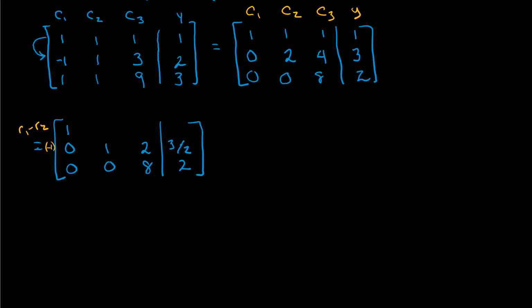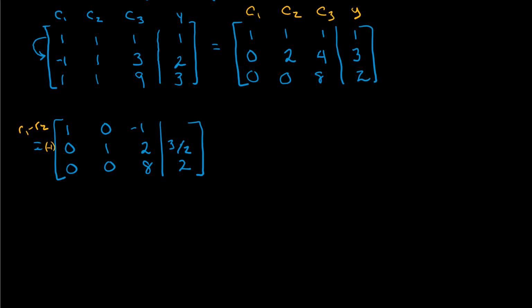Now I'm going to have a -1 times 1 in the second row, which is going to give me a -1 plus this one here is going to be 0. Lastly, I'm going to take the -1 times the 2, which will be a -2. I'm going to add the -2 to this. -2 plus 1 is a -1.